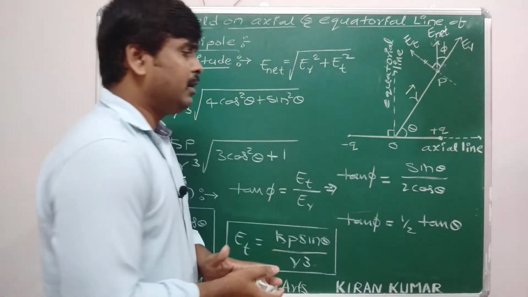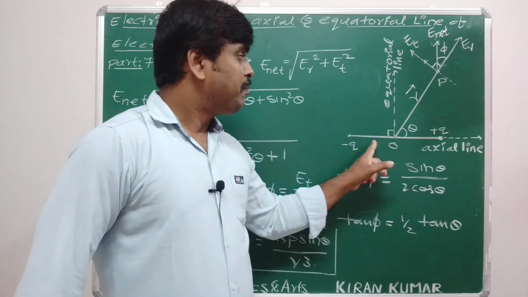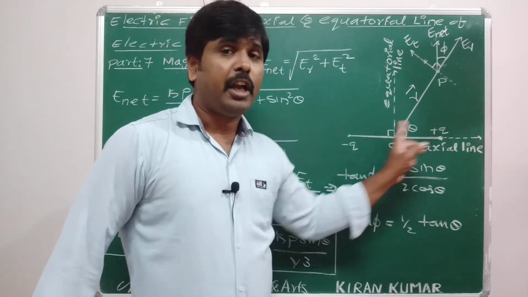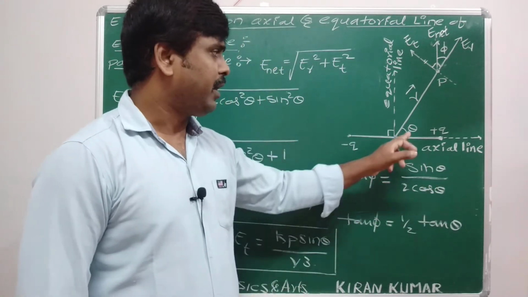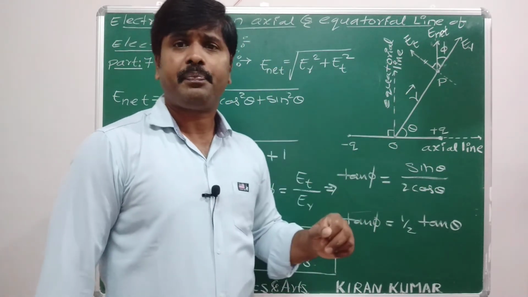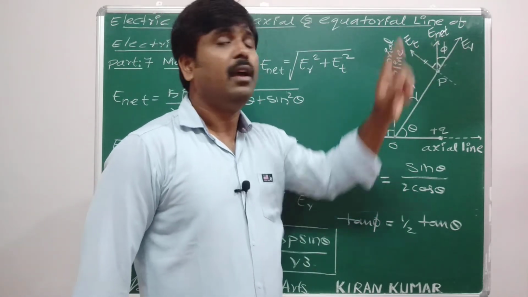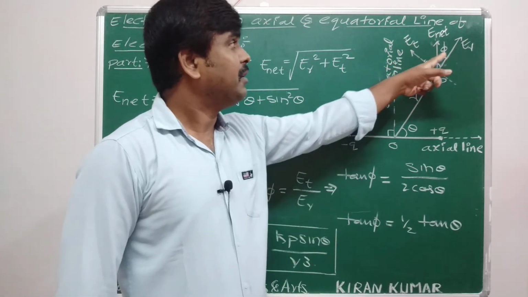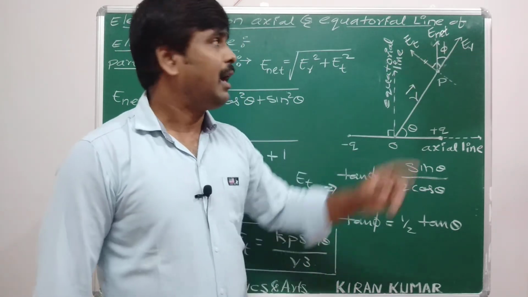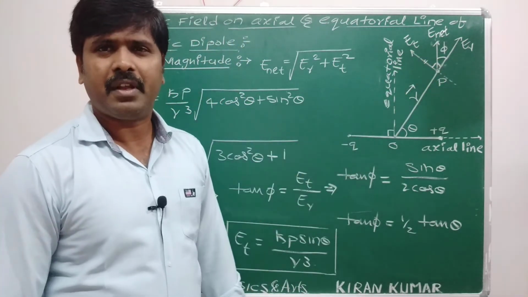What is theta? The angle between the radial vector and the dipole moment vector. The dipole moment vector is along the axial line. Okay, theta. And what is phi? Here phi is the angle made by the net electric field with the radial electric field, and the net electric field is formed by the radial and tangential components, we know very well.